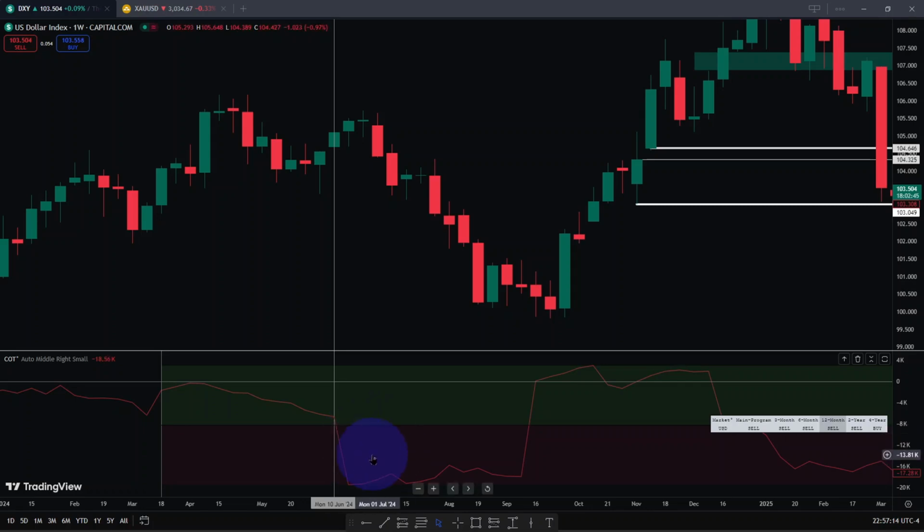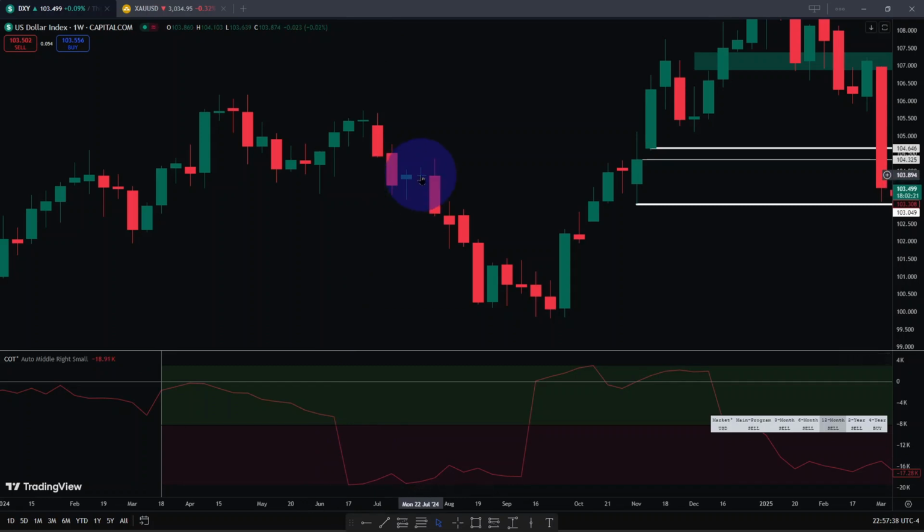This means something because of this. This doesn't mean anything if this doesn't support this. That's why this market structure is an actual shift in market structure, because it's in line with institutional order flow.